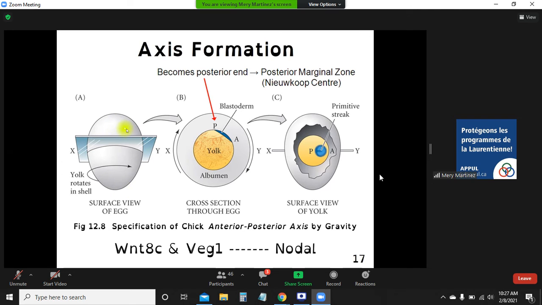Normally it takes about 20 hours to complete a full rotation in the shell gland, just to have the shell produced. So it goes very, very slow because it's rotating.